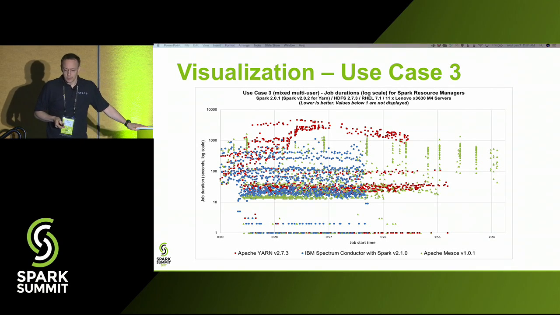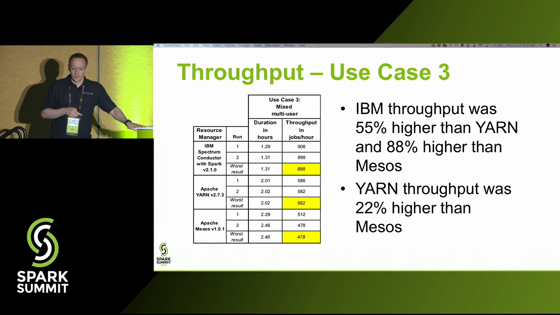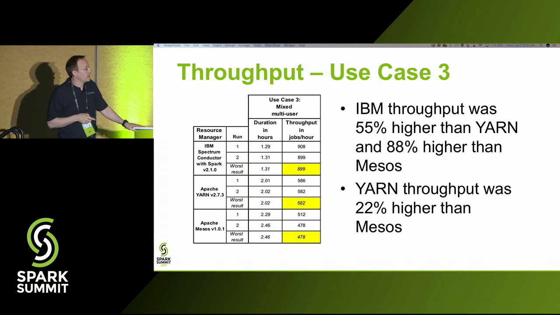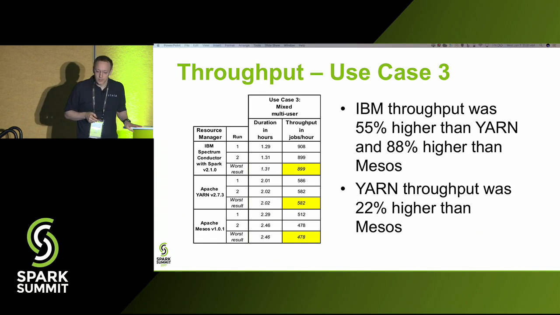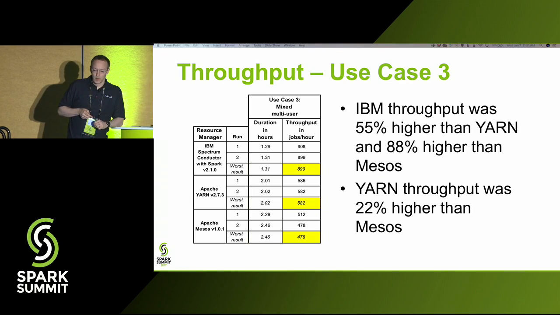Yarn finishes earlier than Mesos, but it's got some really big job times in there, and Mesos finishes around 2.5 hours. So if you look at that in terms of numbers, the IBM throughput was 50% higher than Yarn and about 88% higher than Mesos. Yarn was a significant but not huge amount better than Mesos.